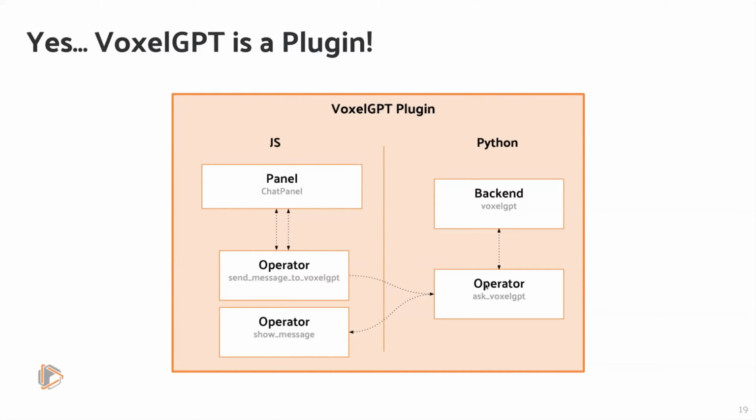And so that operator wakes up, it retrieves the user input, and then it interacts with the backend VoxelGPT system. You can think of this as a black box. Operators give you just an entry point to run arbitrary code within your plugin system, given the inputs that were provided to it by the plugin interface. So VoxelGPT does its thing.